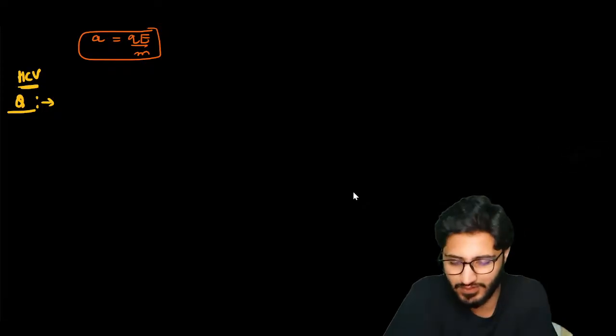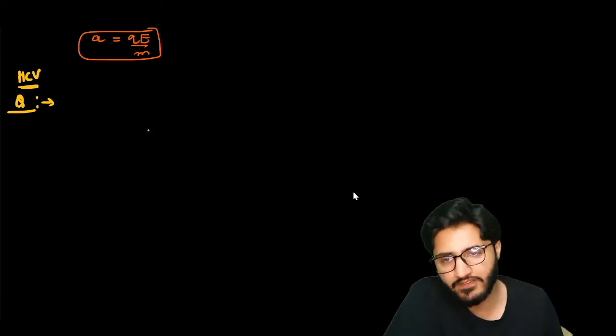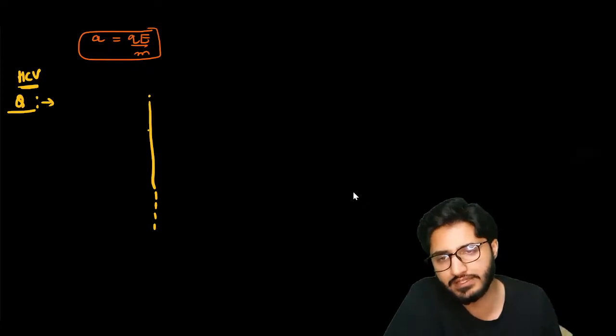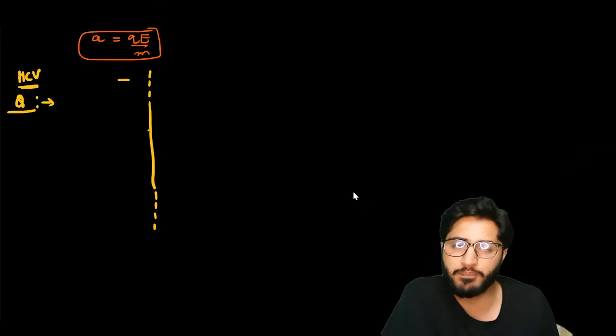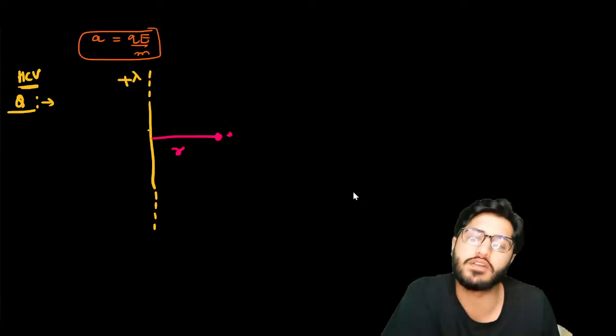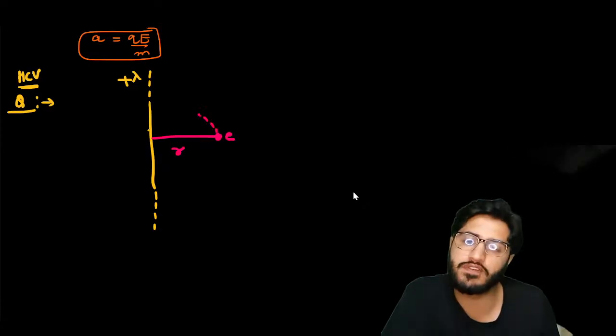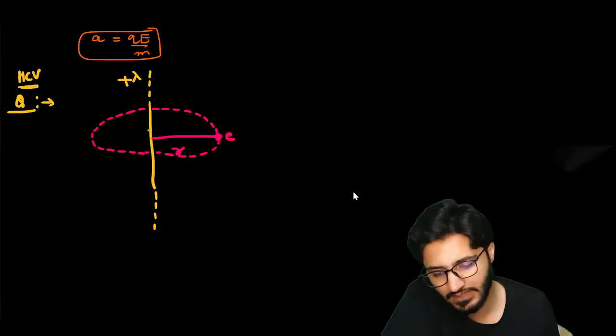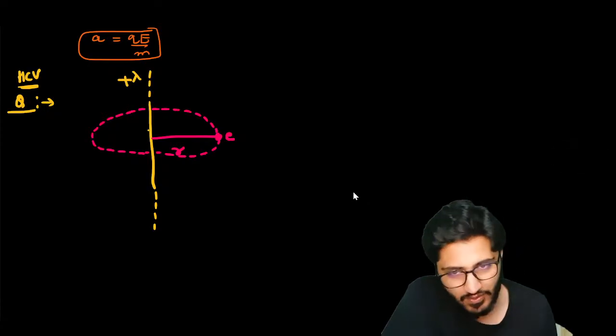If we have an infinitely long wire, something like this, with density of plus lambda, and at distance r I have a particle, an electron, and this electron is revolving around this rod.